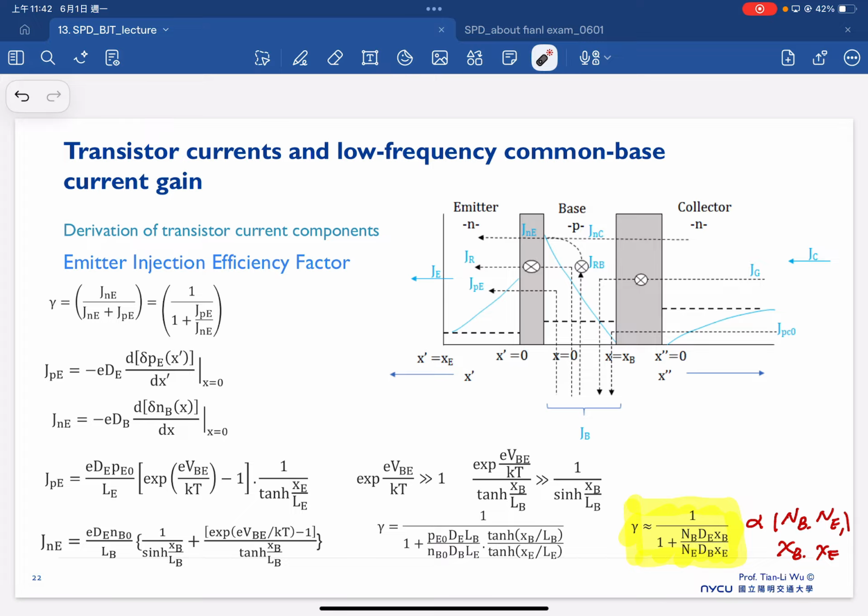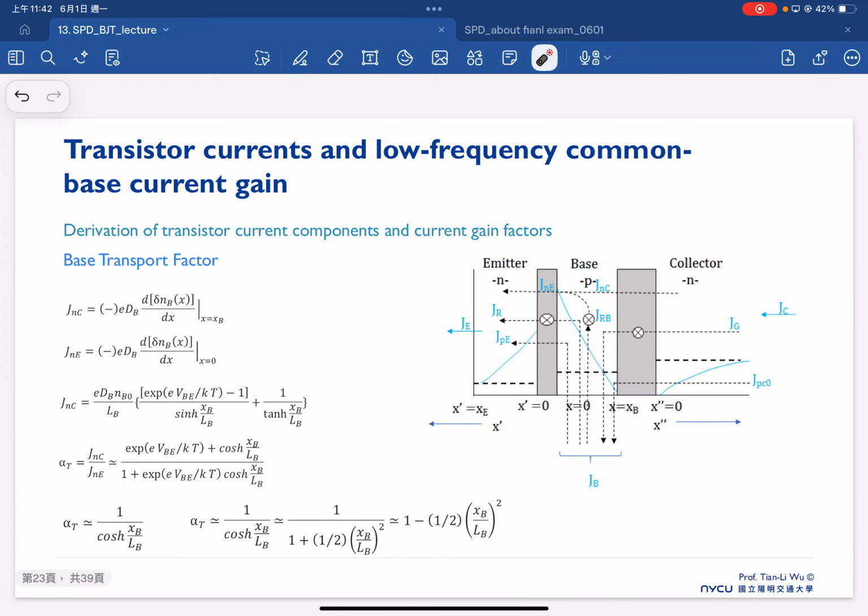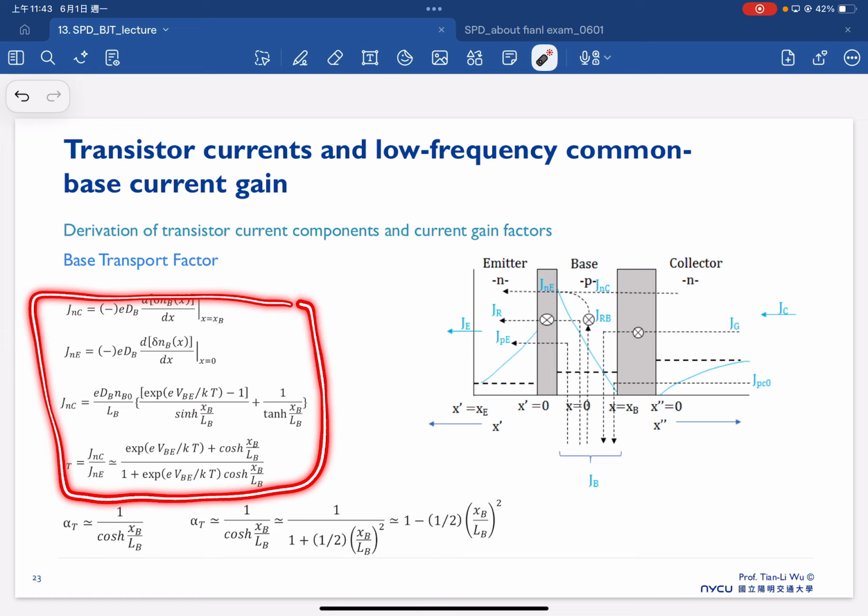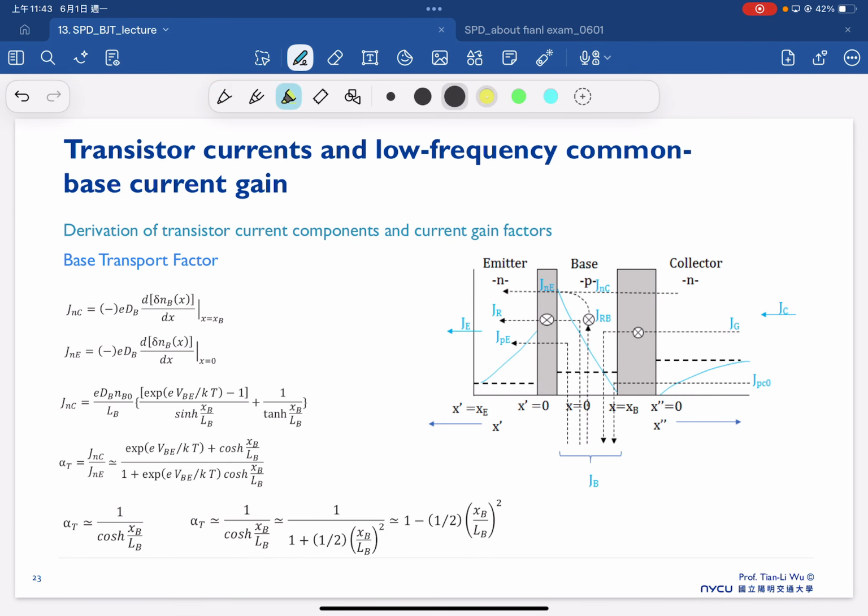And similarly, if we further estimate the base transport factor with all this calculation, in the end we get this one: alpha T is equal to 1 over cosh of XB over LB.